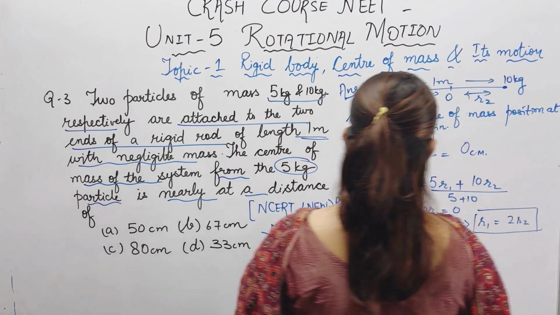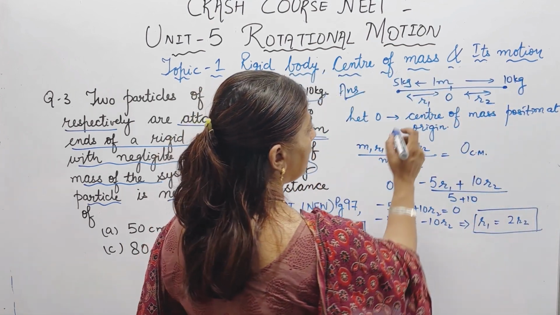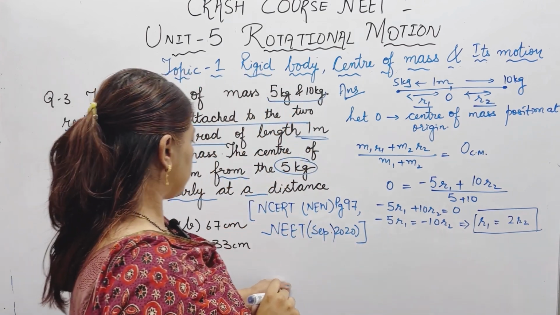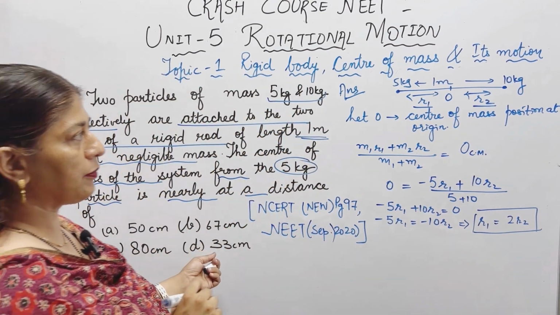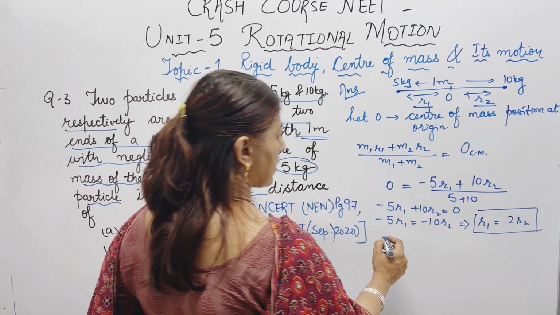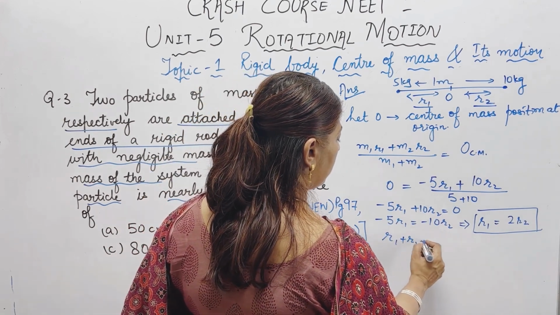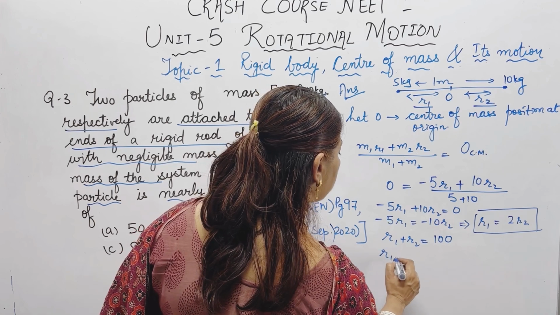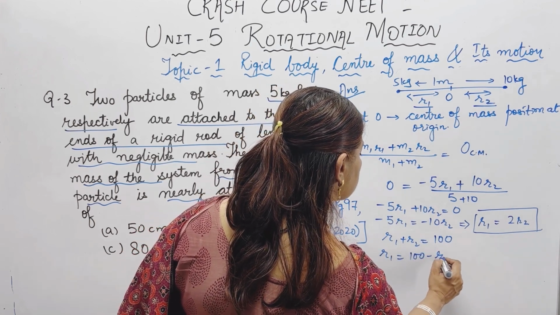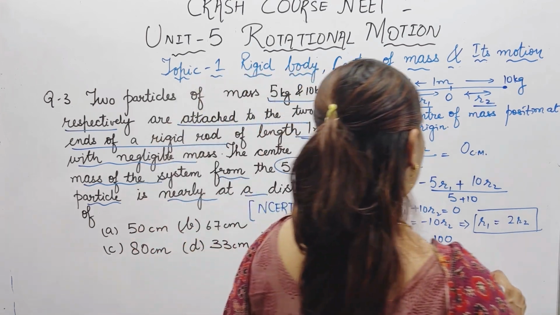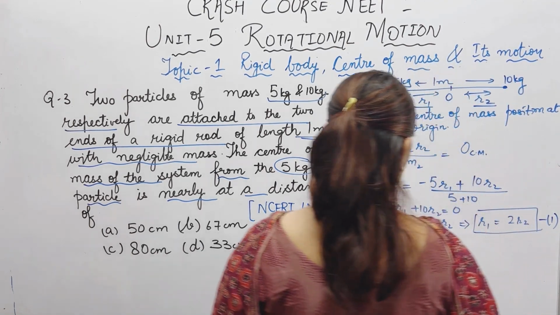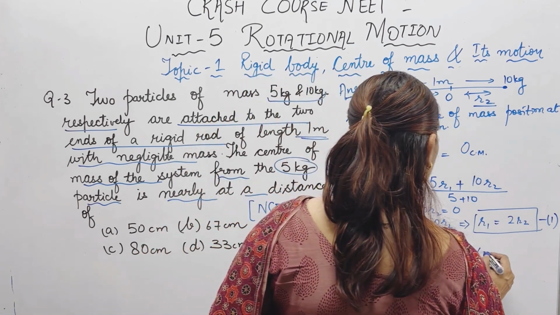Now, in the second equation, we have R1 plus R2 is equal to 1 meter. Since the options have been given in centimeters, we can take R1 plus R2 equal to 100 centimeter. From here, R1 is equal to 100 minus R2. Now we can put the value of R2 from equation number 1 into equation number 2.